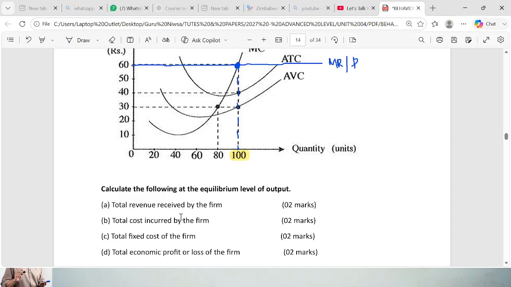Total revenue received by the firm, total cost incurred by the firm, total fixed cost of the firm, and total economic profit or loss of the firm. I'll give you 5 minutes to calculate the answers for these 4 questions.